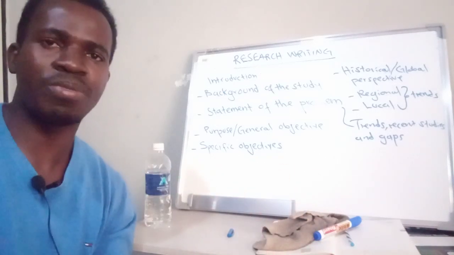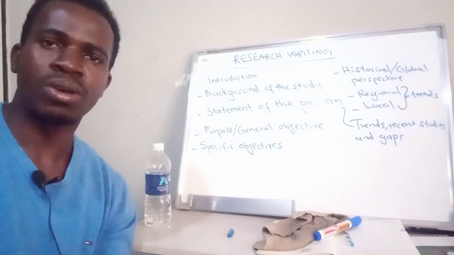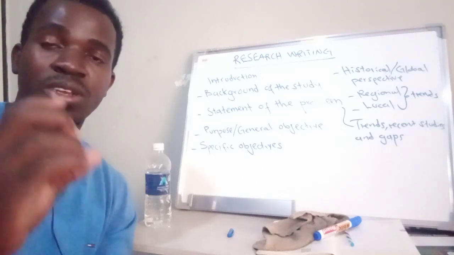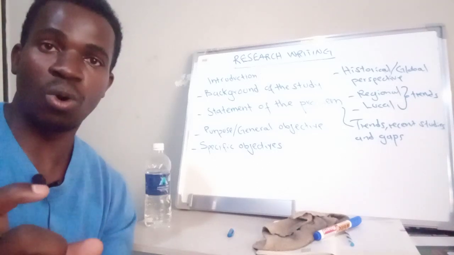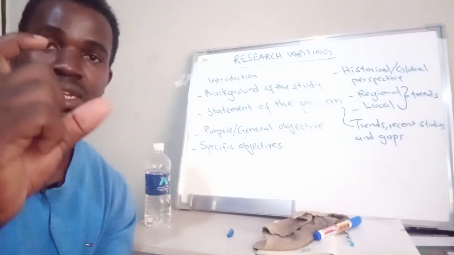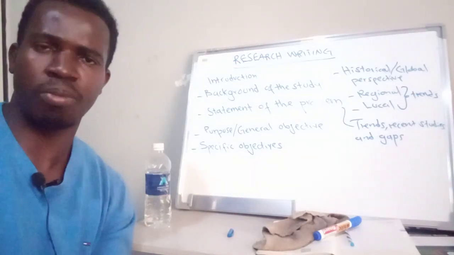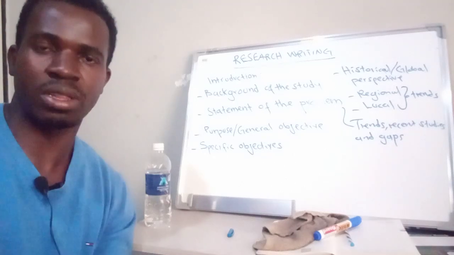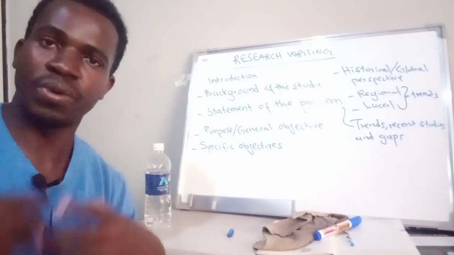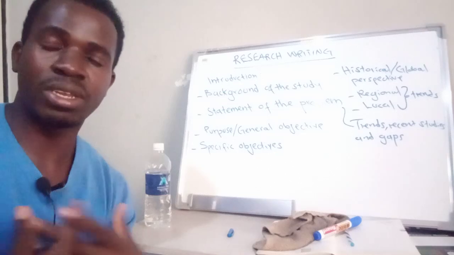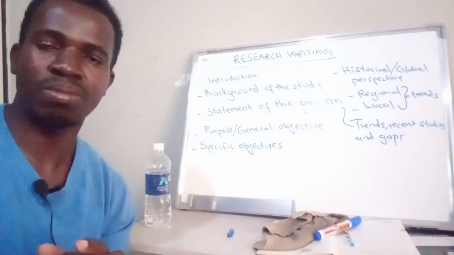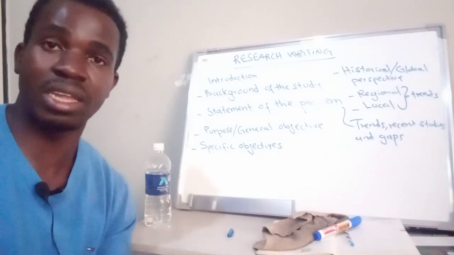For example, in Africa, we can say, what has been trending or what information is there about this particular topic in Africa, to be precise. By trends, we mean studies, whatever investigations have been carried out, and what exactly is there.